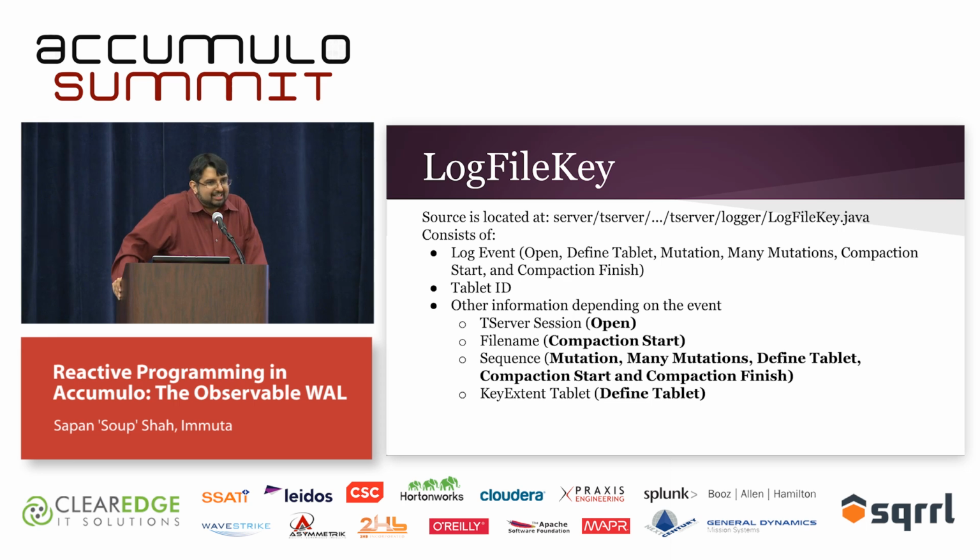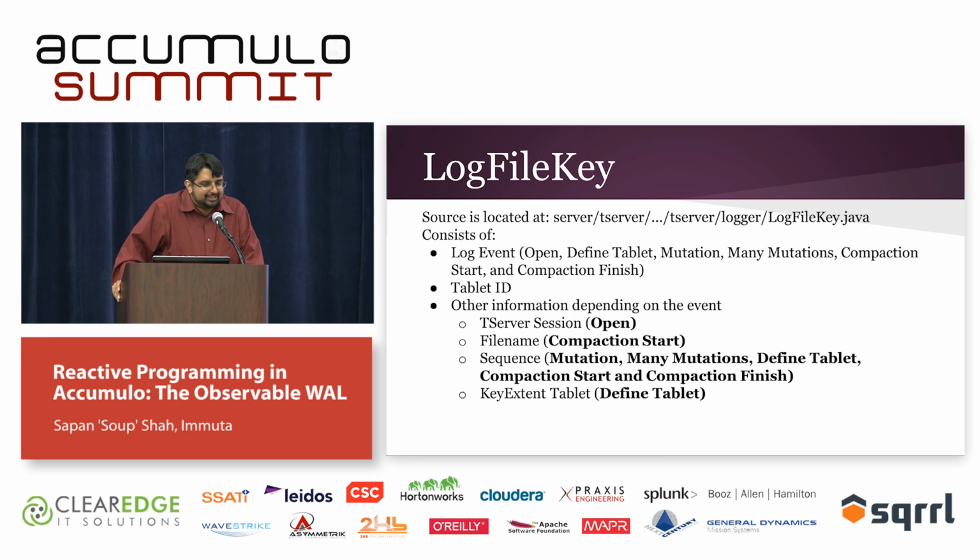So then it also has the tablet ID. Remember that 6 that we talked about? In that key is the tablet ID that it corresponds to, which in this case would be that 6. And then it's going to have a various set of information depending on what the particular event is. It'll have a T server session in the case of open, and file names in the case of compaction, for what file it's going to go to.